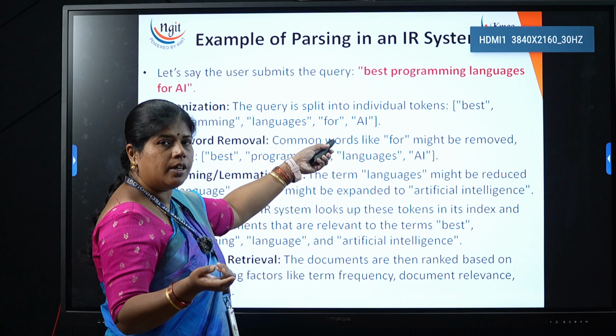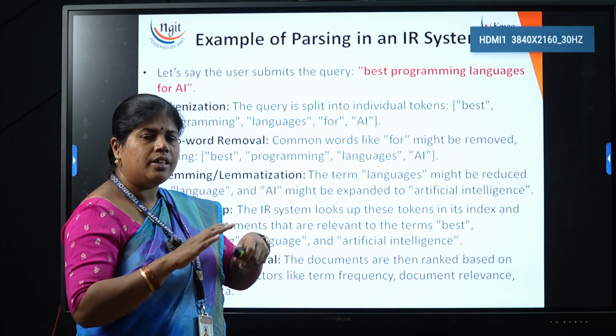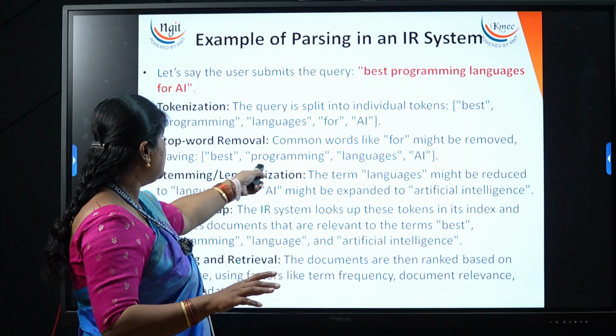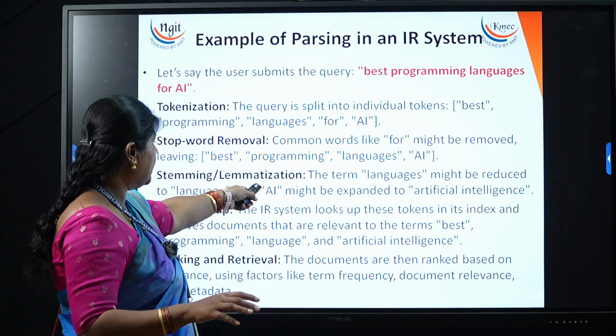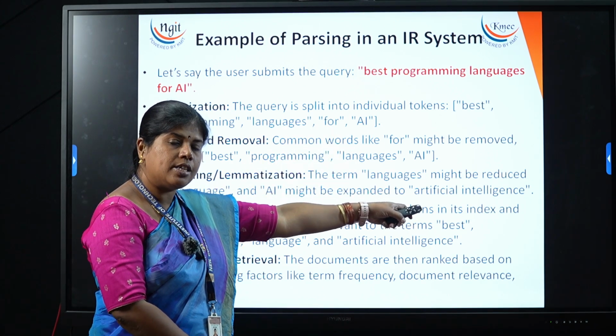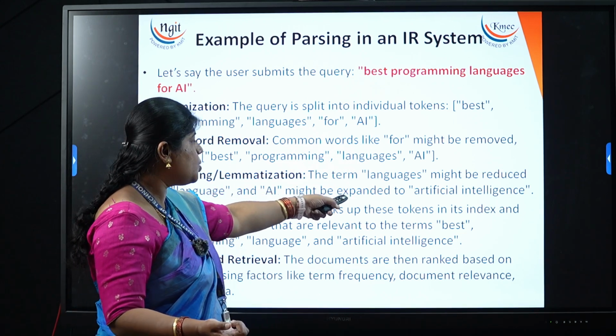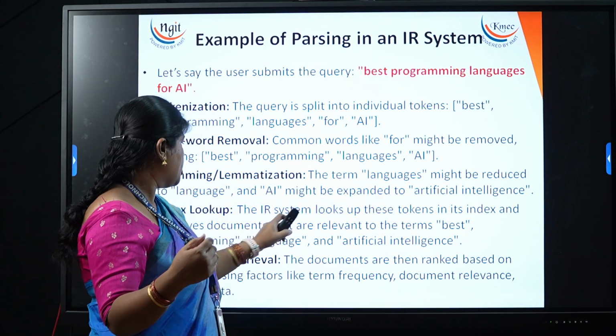Here "for" does not affect my search process, so simply remove it. Then stemming and lemmatization: instead of AI, if I use artificial intelligence, my search will be more effective. So in the stemming or lemmatization process, I replace AI with artificial intelligence.